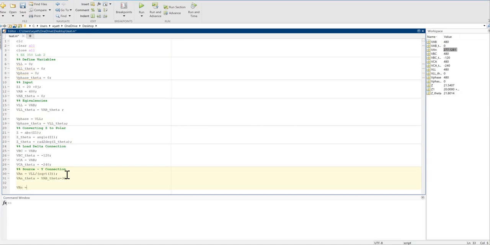It's going to be equal to the same thing, which will be V line to line. We can just copy and paste it. It's going to be exactly the same calculations. We can basically state that all the voltages are going to be the same for our VABs. And the same thing is going to go here for our VBN. But this time around, it's going to be subtracted by 120.